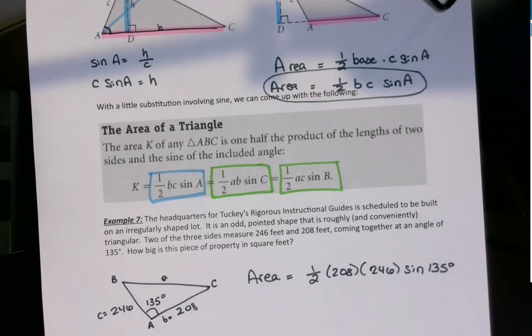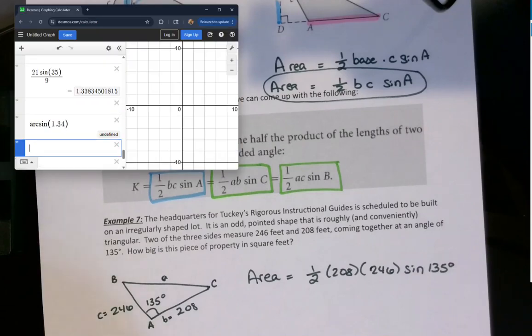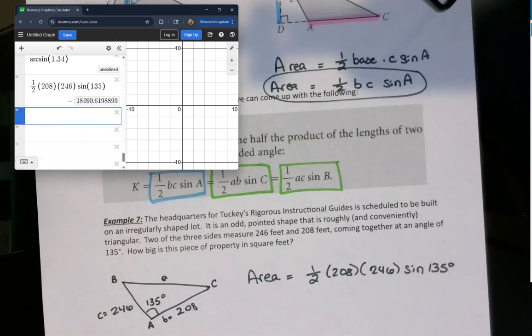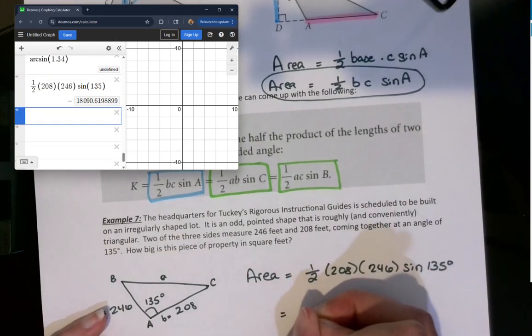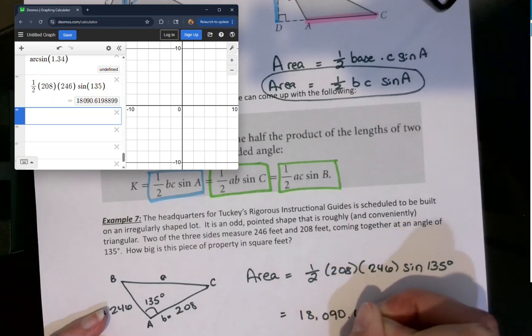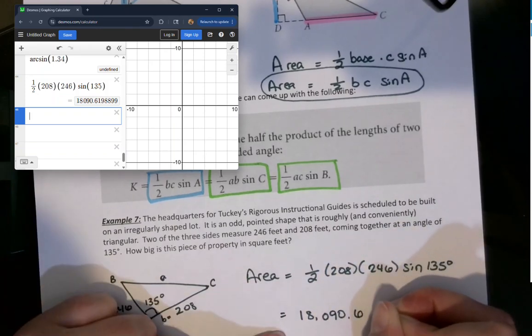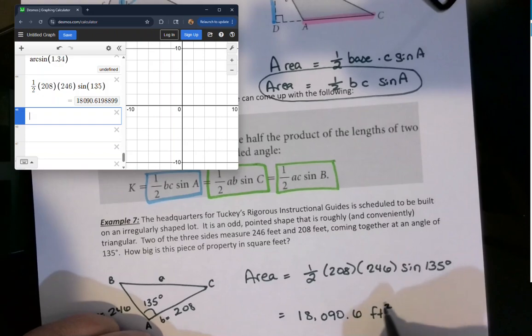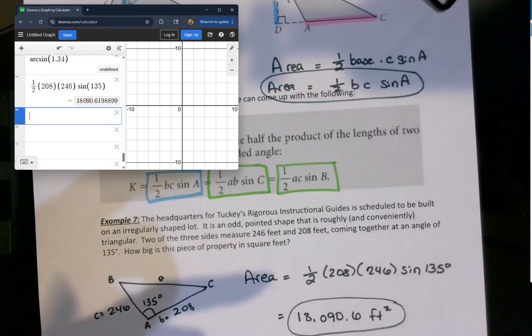My calculator should still be in degree mode, so I can multiply 1/2 of 208 times 246 times the sine of 135. It comes out as an area of 18,090.6 square feet, which is a good sized piece of property.